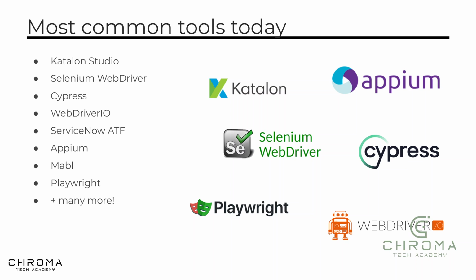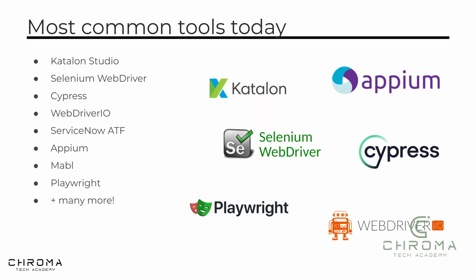Now there are other tools like ServiceNow ATF. ATF stands for Automated Test Framework. ServiceNow ATF is ServiceNow's native automated testing tool. It's a really good tool to automate ITSM applications, scoped and global, and so on. But even for simple form filling, it still has a lot of limitations.